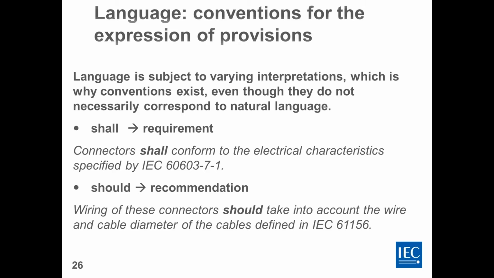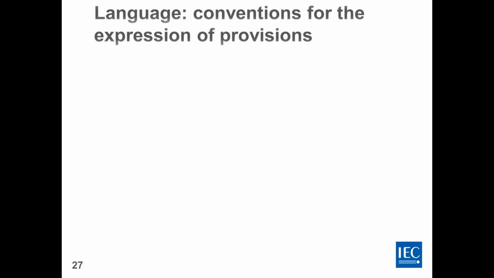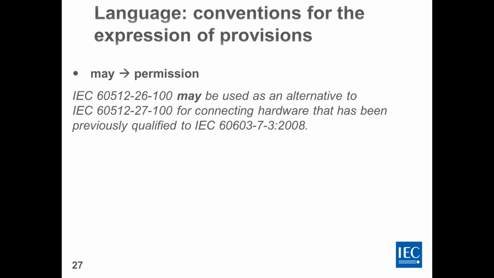The last convention is can. Can is used to express a possibility, either a law of nature or a logical consequence of a certain number of factors. So it's there to inform the user of a possibility. To take an example: use of this connector in corrosive atmospheric conditions can lead to failure of the locking mechanism.